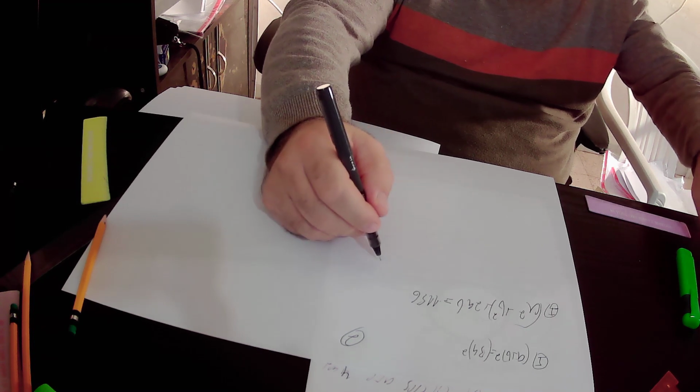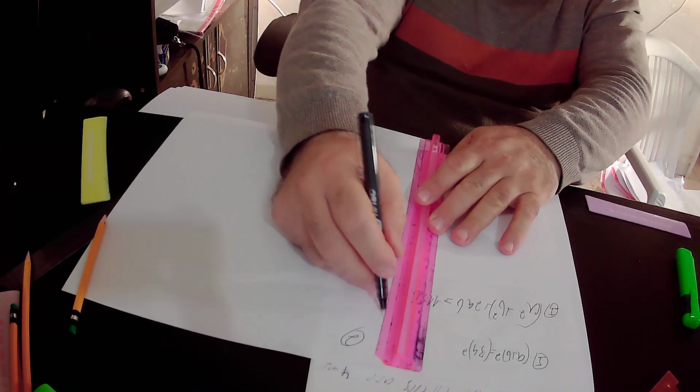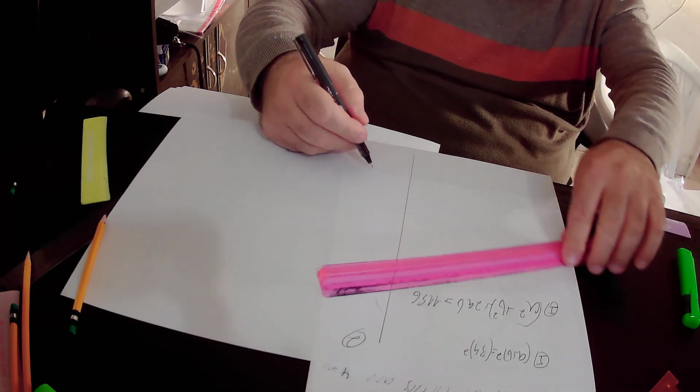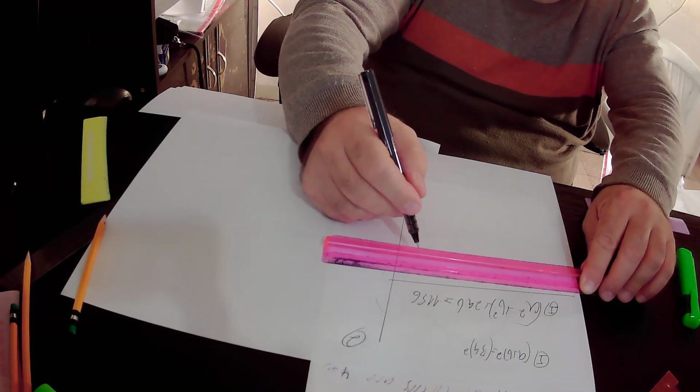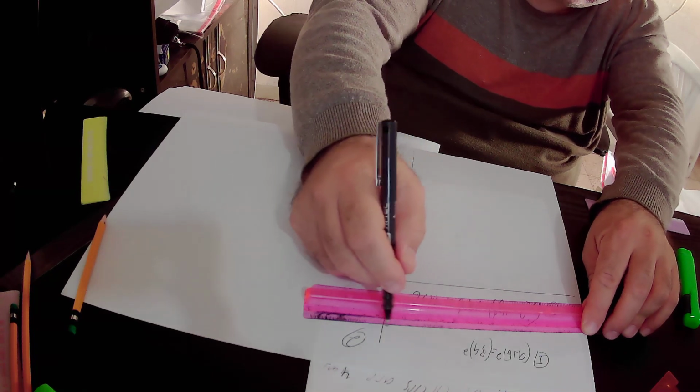So we found out that A squared plus B squared plus 2 times AB equals 1156.